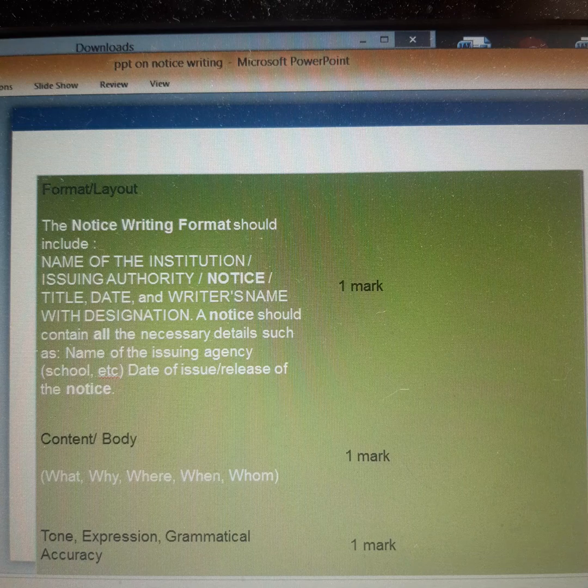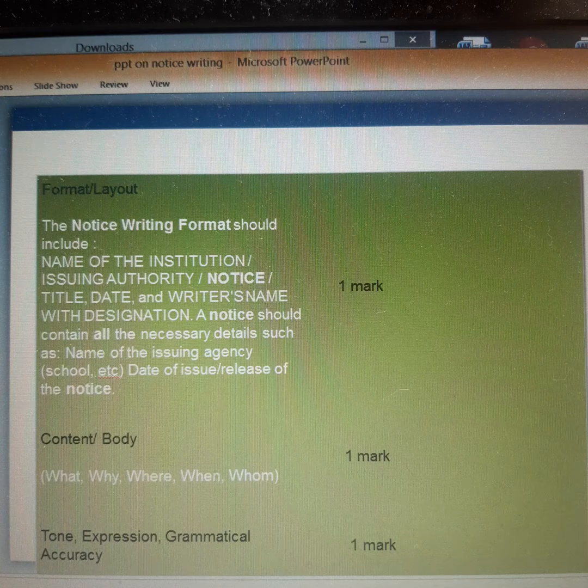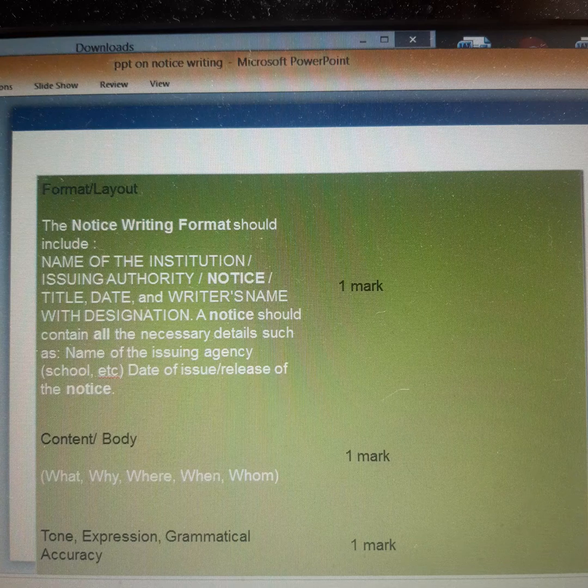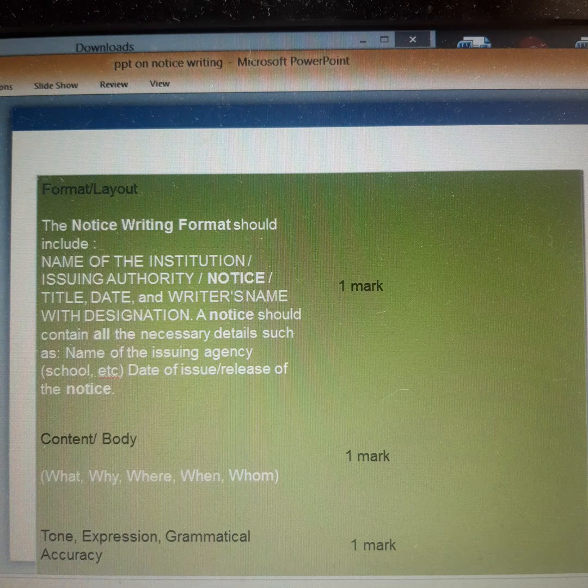Now in the next line, we write the word notice in bold letters, followed by the heading or the title. For example, again, blood donation camp. So this becomes your heading or title.